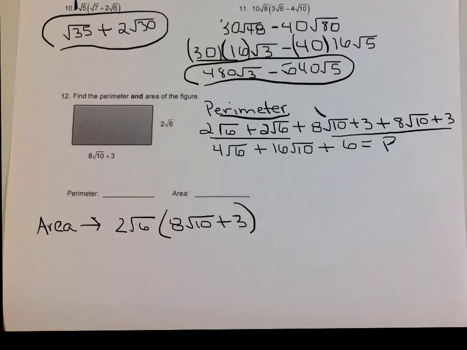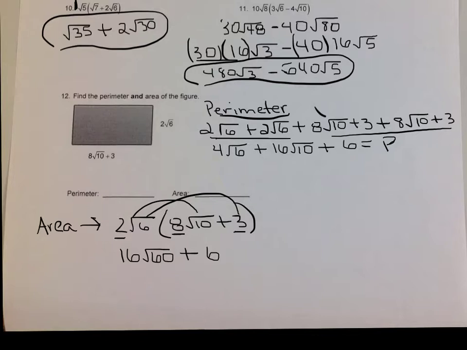Now, when you multiply, remember you have to multiply the whole numbers first and then multiply the radicals. So 2 times 8 is 16. Square root of 6 times the square root of 10 is the square root of 60. Plus, and what I'm doing is I'm just distributing. 2 times 3 is 6.